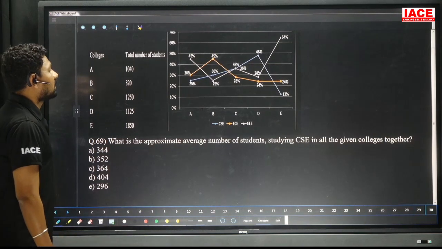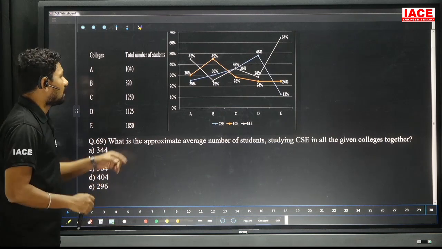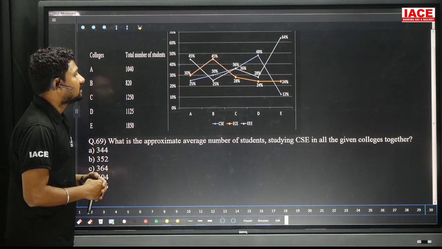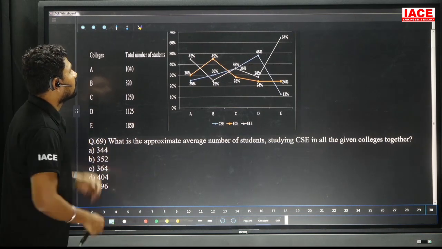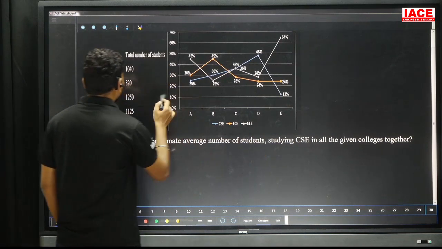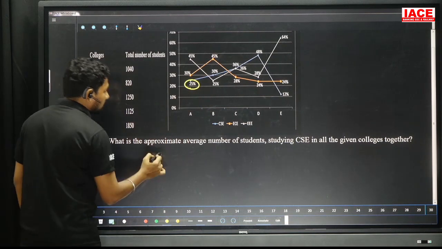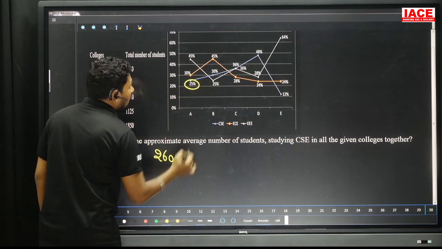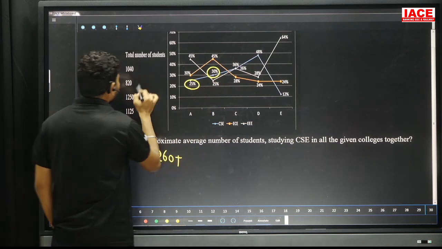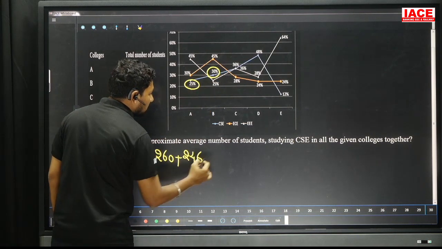What is the approximate average number of students studying CSE in all the given colleges together? Particularly we require CSE. CSE belongs to the blue color in all the colleges. We have to calculate thoroughly. Here look at 25%. 25% of 1040 is 260. And next we require 30%. 30% of 820, 3 can be multiplied, 3 2s are 6 and 3 8s are 24.